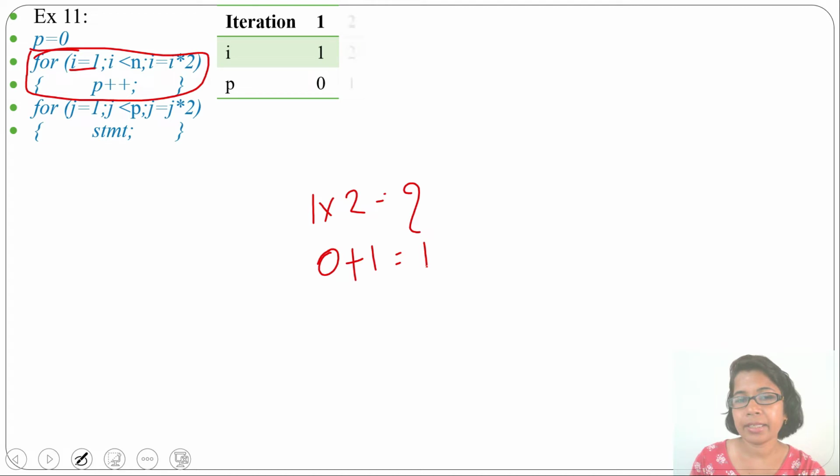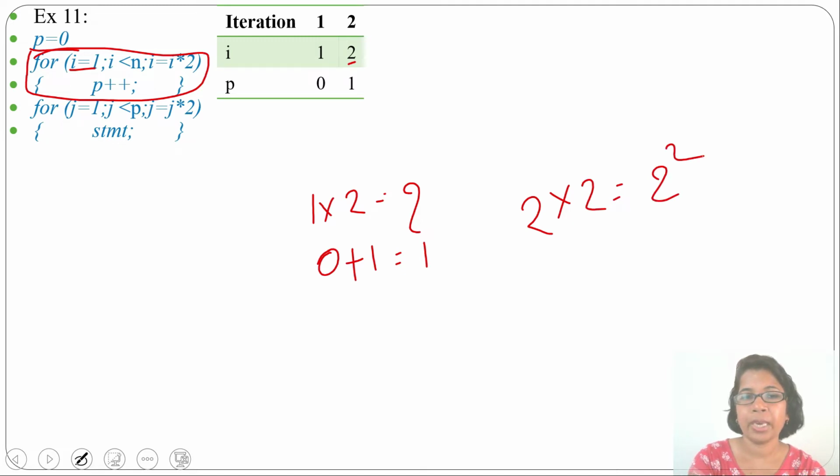So in the second iteration, i value will be 2 while p value will be 1. In the third iteration, i value will be 2 multiplication 2, which we can write as 2 power 2, and p value will be 1 plus 1, it will be 2. In the third iteration, i value will be 2 square while p value will be 2.